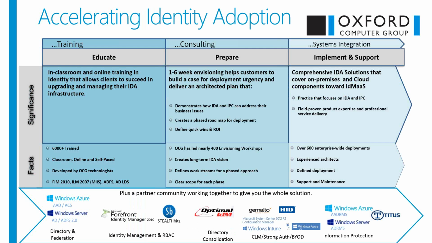We author and deliver educational services online with the technologies I mentioned there, as well as in the classroom, where we've educated well over 6,000 students who have benefited from the experience our consultants have learned in the field in integrating a number of projects with these technologies. We also provide consultative envisioning, which helps organizations realize a comprehensive identity and access management strategy, along with the benefits of that strategy and a path and plan to take that forward.